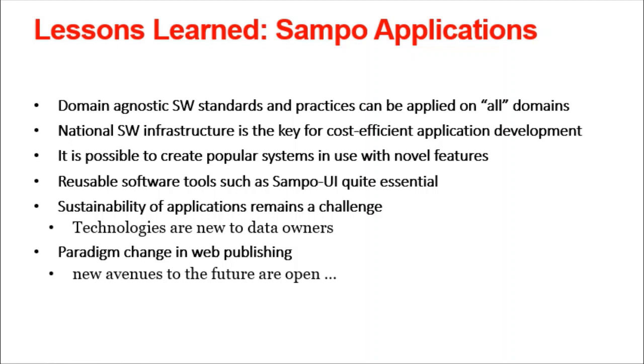Reusable software tools such as the Sampo UI have been quite essential in developing the systems. Sustainability of the applications remains a challenge as the technologies are still new to data owners. The line of research suggests a paradigm change in web publishing. New avenues to the future are now open.